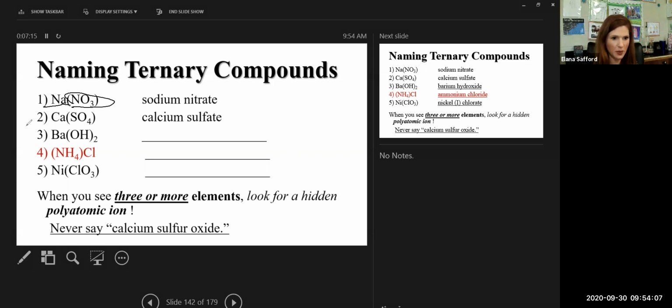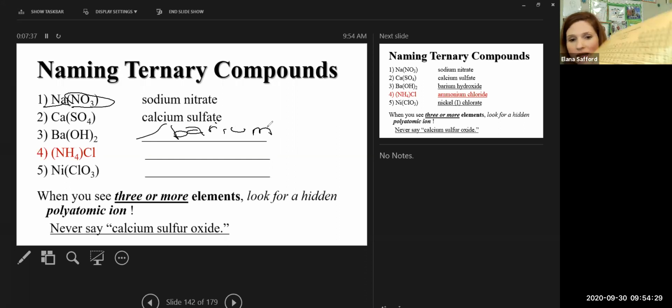Okay, so first I'm going to name the metal. Okay, that is barium. Sorry about my handwriting. And then I'm going to just match it up. I'm going to look for that OH in my list.